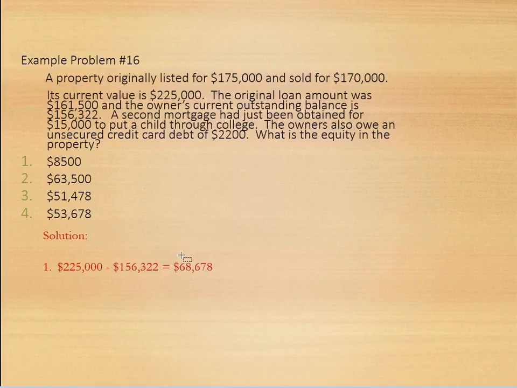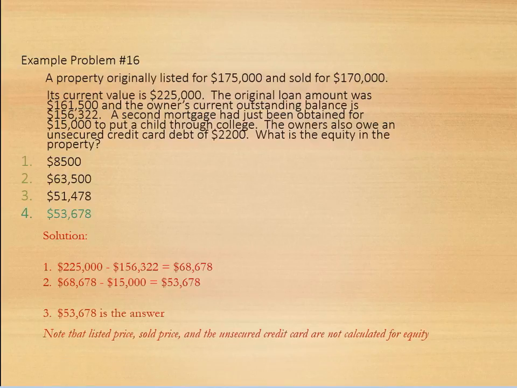So that leaves you with $68,678. But then remember, we had that second mortgage of $15,000, which is a lien directly on the property, which also needs to be removed from the owner's equity. So that results in $53,678, which is the seller's current equity.